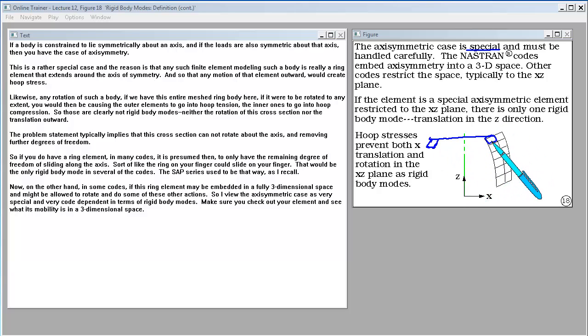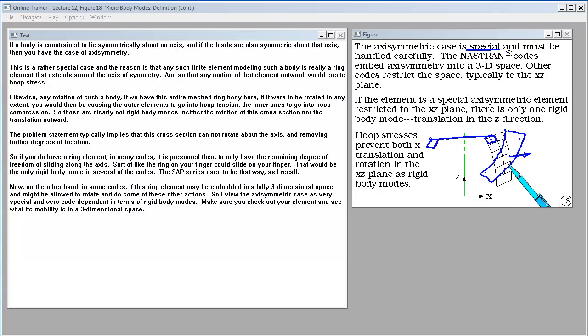And so any motion of that element outward would create hoop stress. Likewise, if this entire meshed ring body were to be rotated to any extent, you would then be causing the outer elements to go into hoop tension, the inner ones to go into hoop compression. So those are clearly not rigid body modes, neither the rotation of this cross-section nor the translation outward.